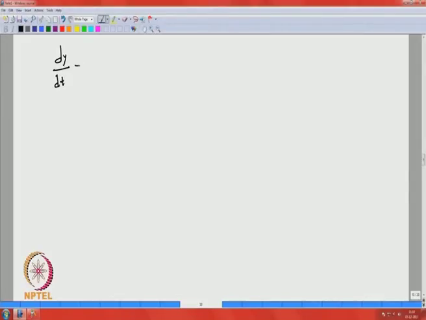I am telling you a few facts, but you write it properly to complete it. dy by dt is equal to a y minus b y square. Look at this expression now. When y equal to 0, the RHS is equal to 0. Such points are called equilibrium points.